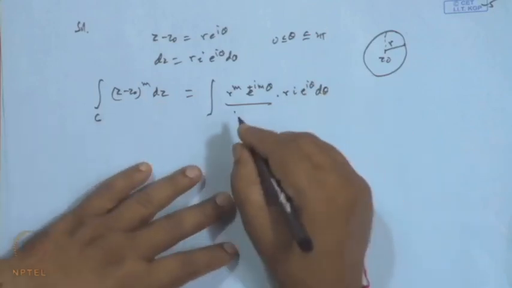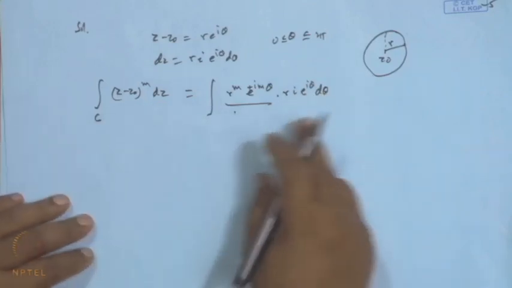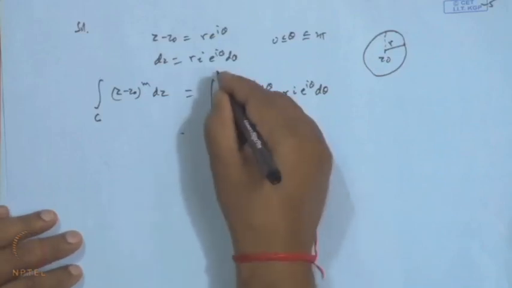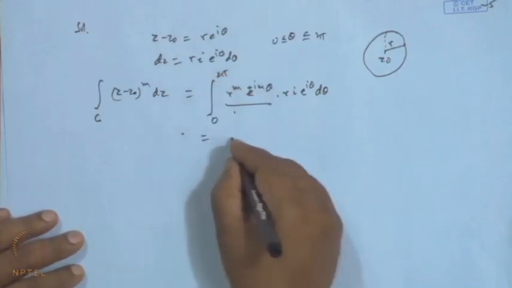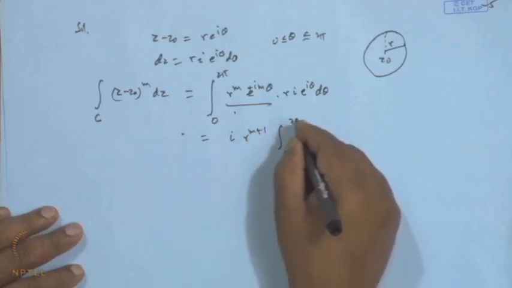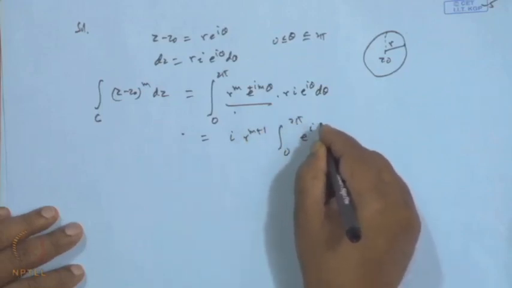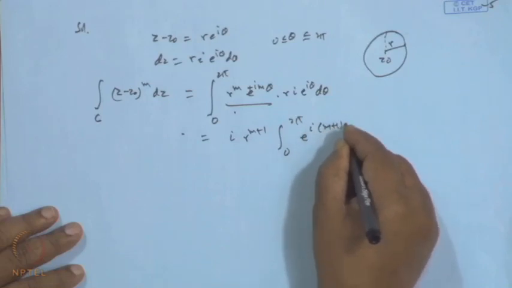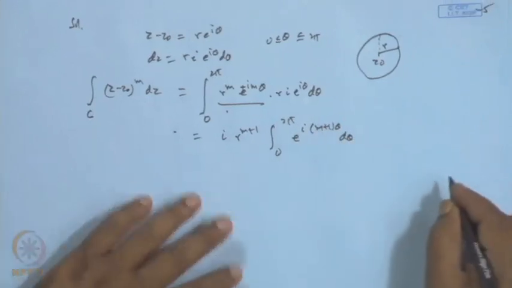Okay. Now, when the value is 0 to 2 pi, basically it becomes i r^(m+1) integral 0 to 2 pi e^(i(m+1)θ) dθ, is it not?